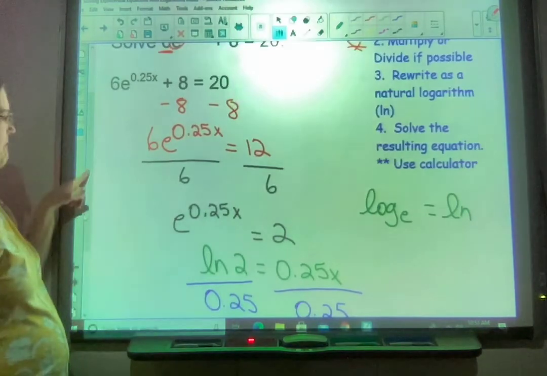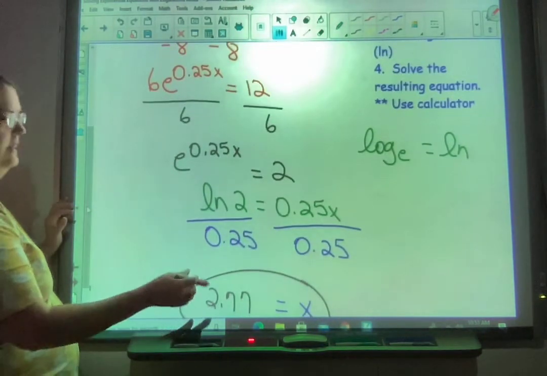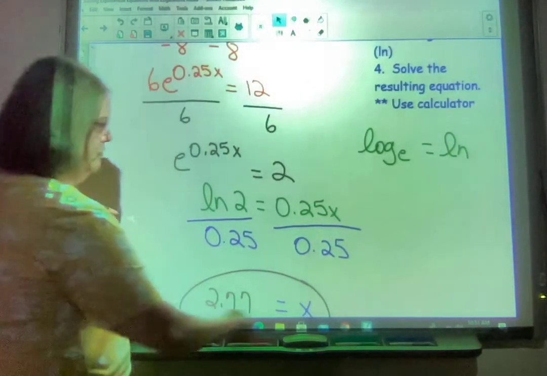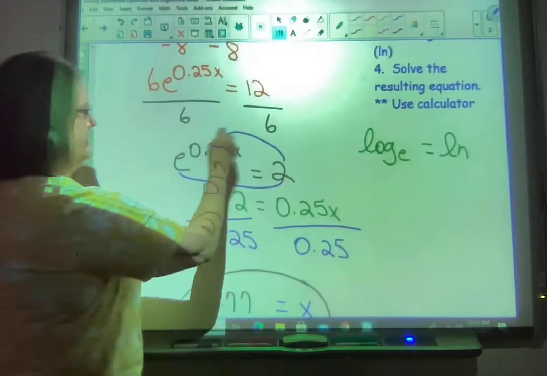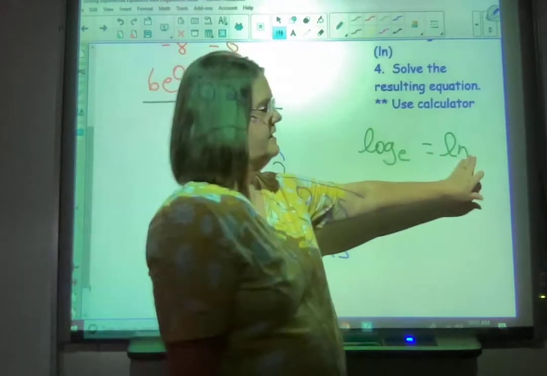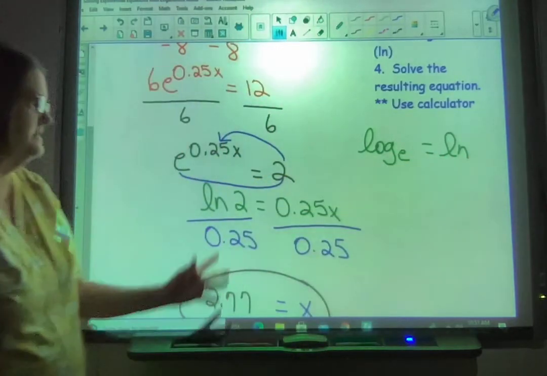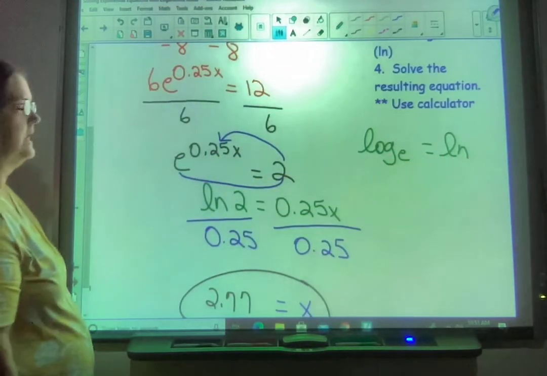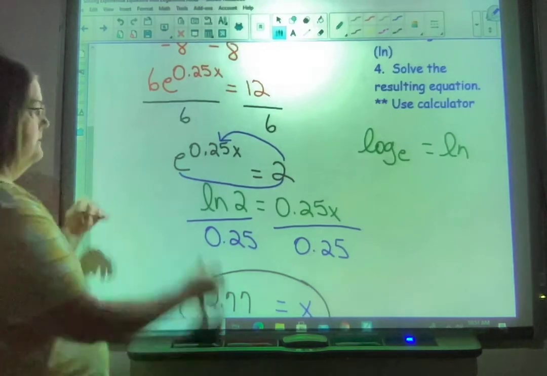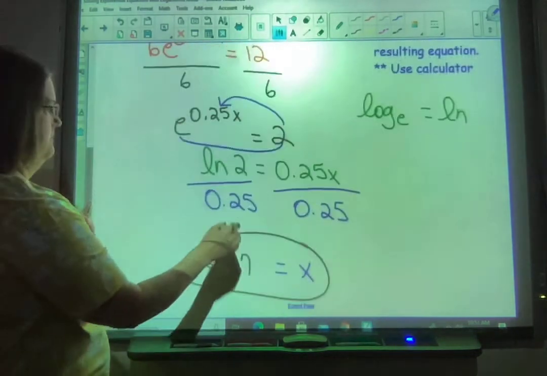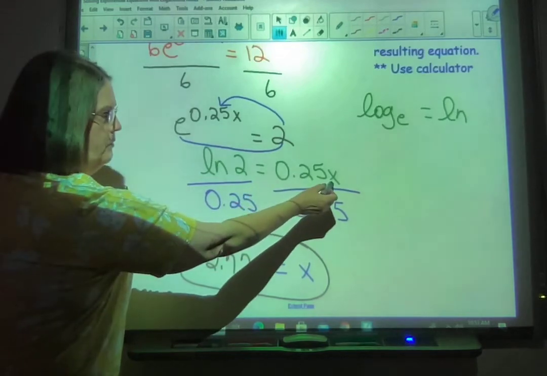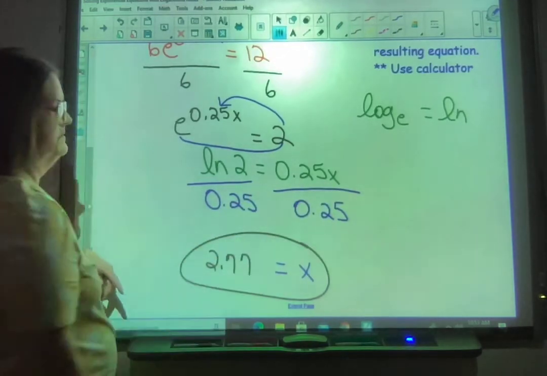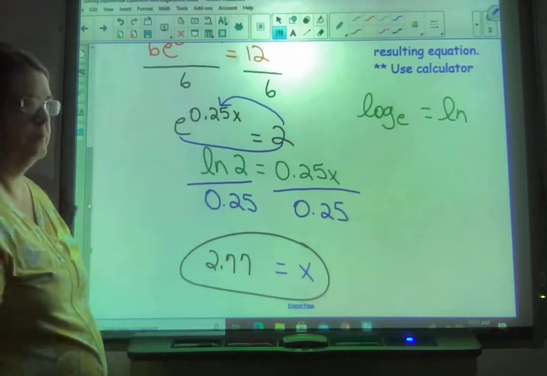And now we have it in a way where we can write it as a logarithm. So we have log base e, and log base e is just natural log. Natural log just means that it's a logarithm taken to base e. And so natural log of 2 equals 0.25x, and then you divide by 0.25, and that gives us 2.77.